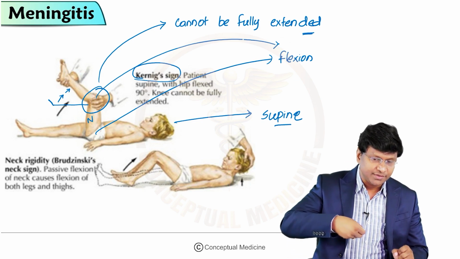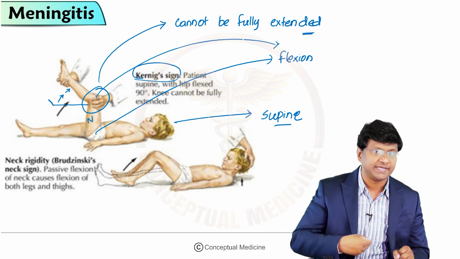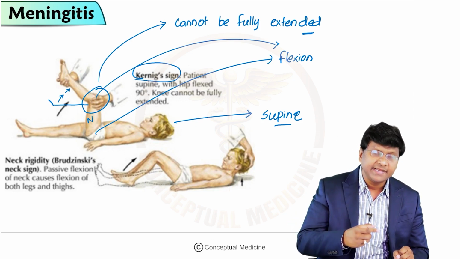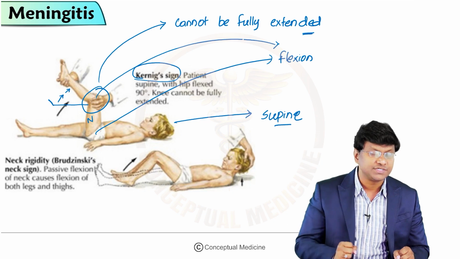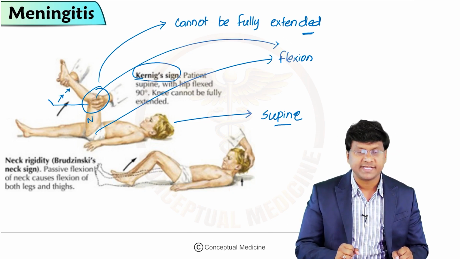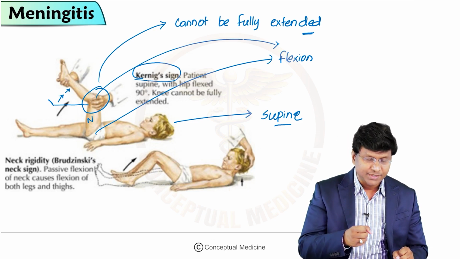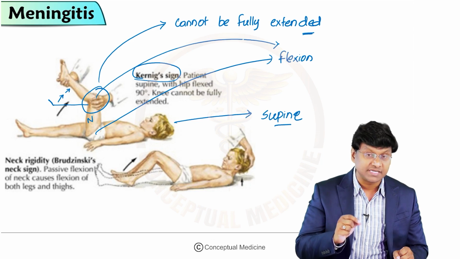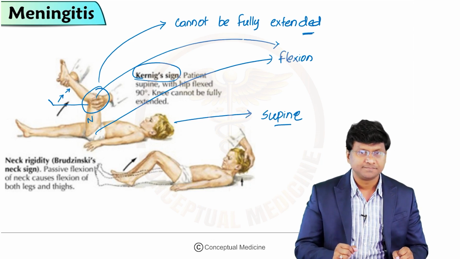So you are trying to pull the sciatic nerve, and indirectly you are pulling the roots of the sciatic nerve, which originate from the lumbar as well as the sacral spine. And indirectly you are applying pressure over the subarachnoid space, meninges in the spinal cord.